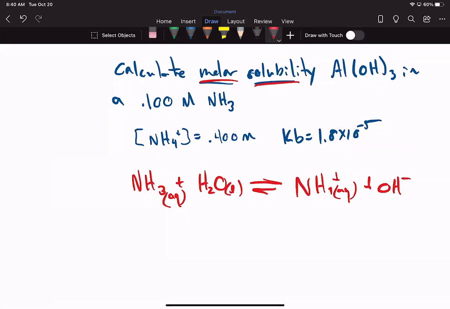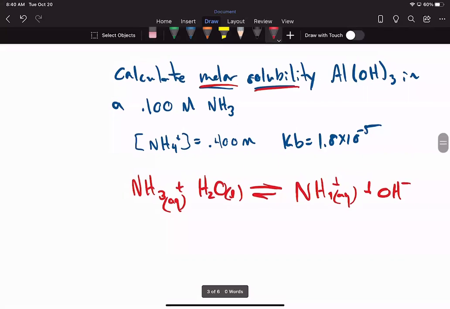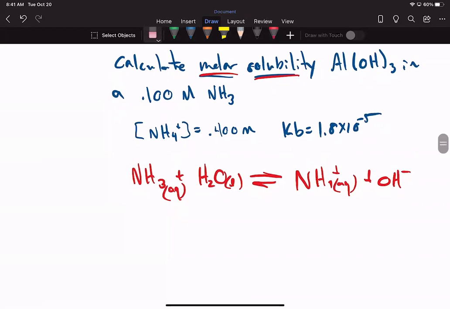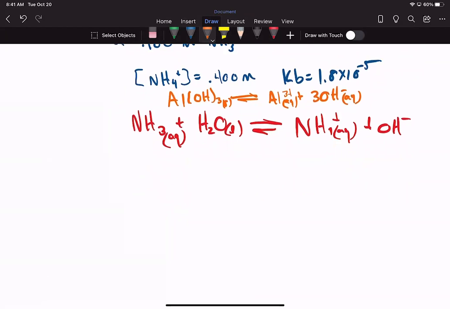So that's one reaction. Our other reaction we're going to need is the aluminum. So we'll take some solid aluminum hydroxide. We see that common ion there.